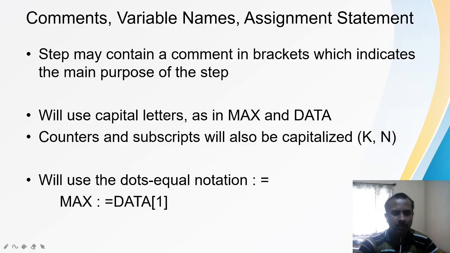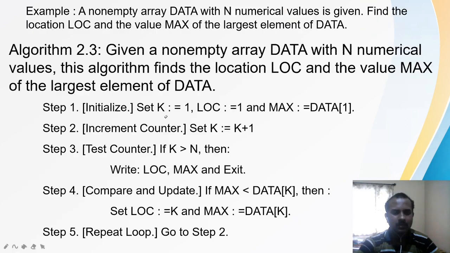For example, see here. The steps are step 1, step 2, step 3, step 4 and step 5. They will be in continuous numbers. Then the control here is from one step to another step.